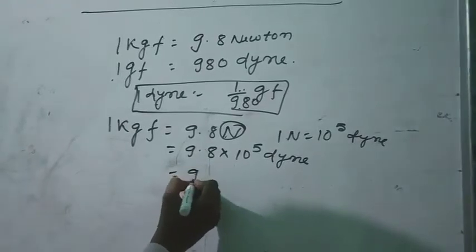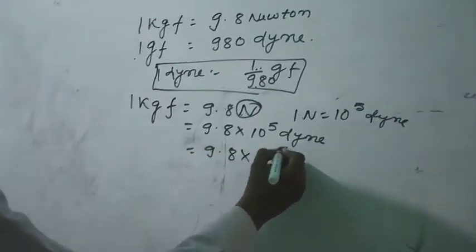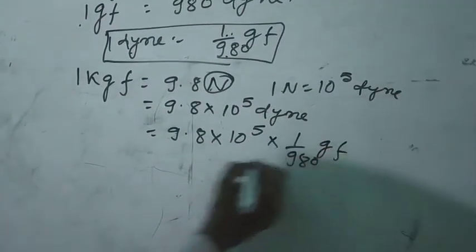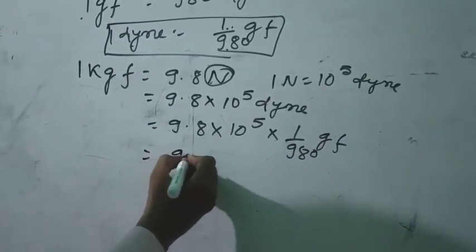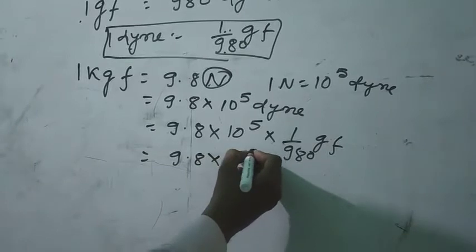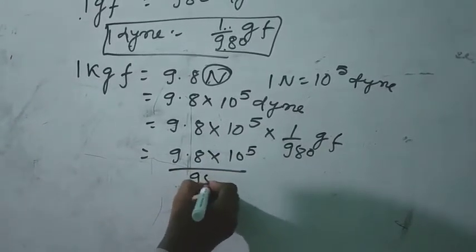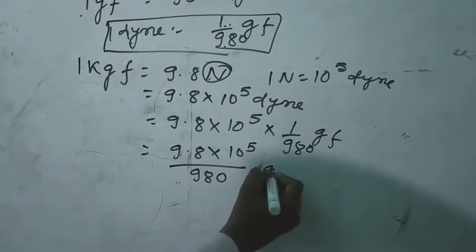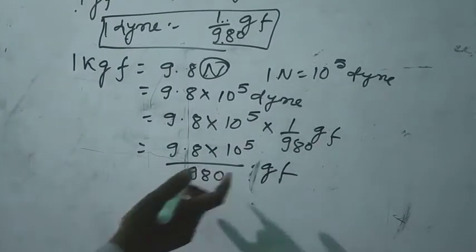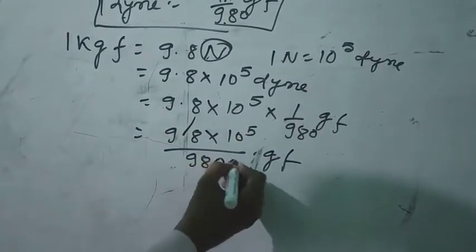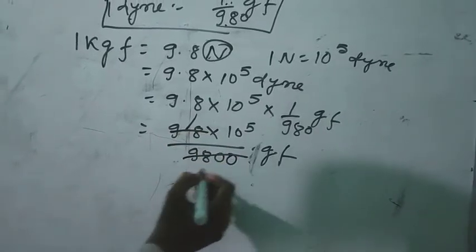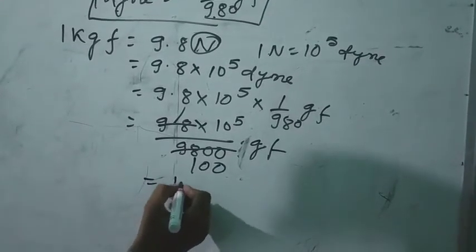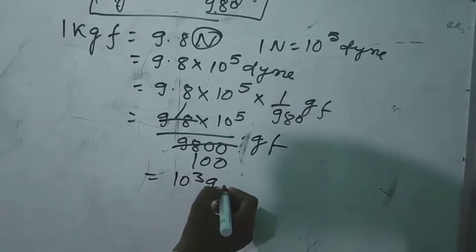It becomes 9.8 into 10 to the power 5 by 980 gram force, and when we divide, it becomes 10 to the power 3 gram force.